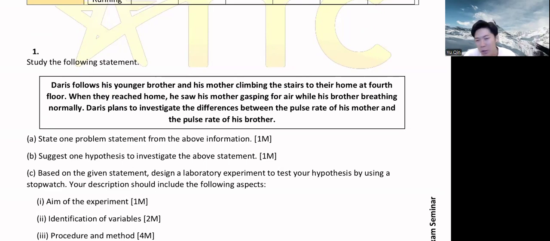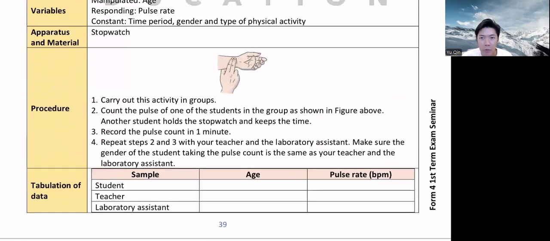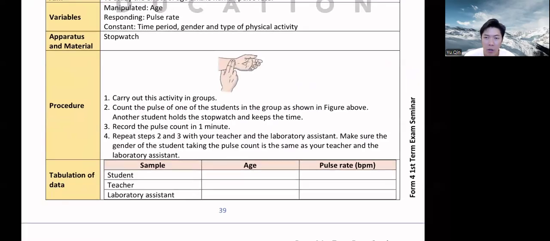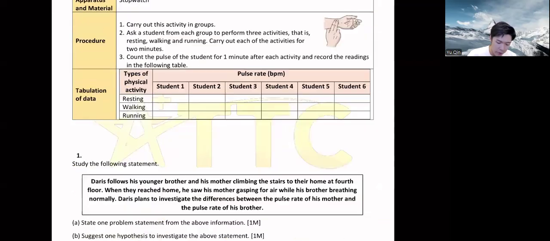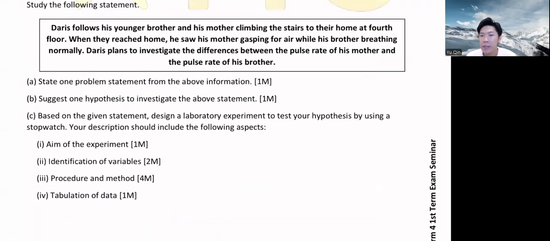No. We are going back to the original experiment from your textbook or from your workbook. There's this book where you have a lot of experiments. That's your experiment wajib. Okay, so remember that. Don't follow the story. You have to go back to the original experiment. Okay, so there you go, understanding what the story is and relating it to the experiment.